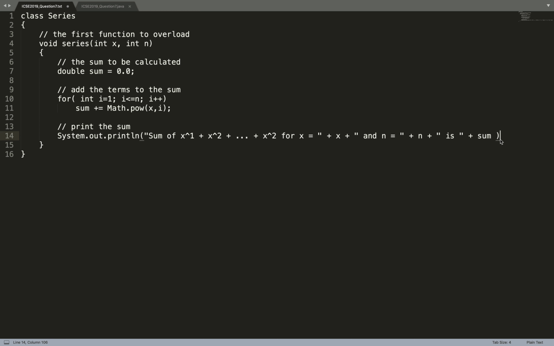Okay, so sum of x to the power 1 and so on for x equals to this and n equals to this is sum.